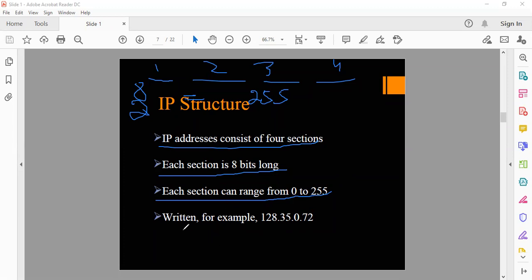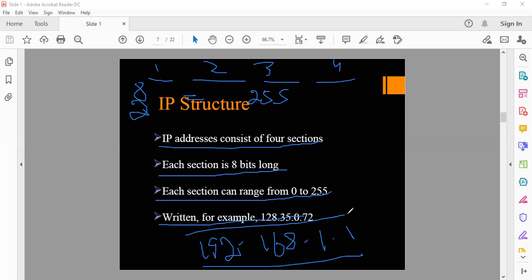This is the IP addressing written in a specific form. Suppose we have 192.168.1.1. It is the IP addressing written in this form, but the computer does not understand 192.168.1.1.